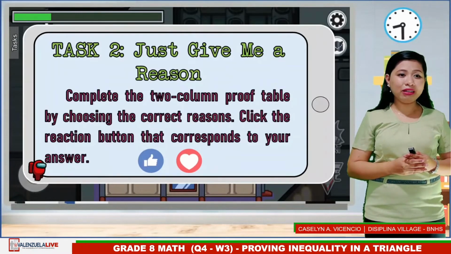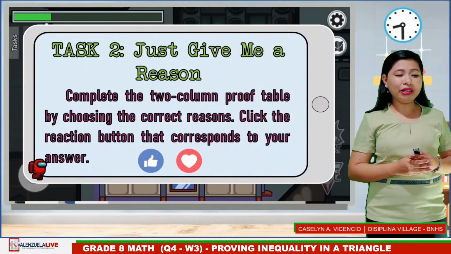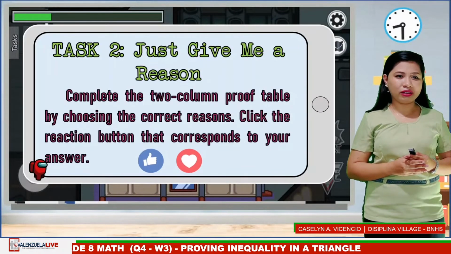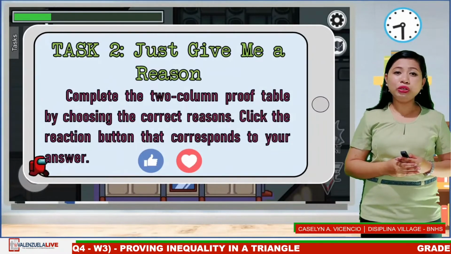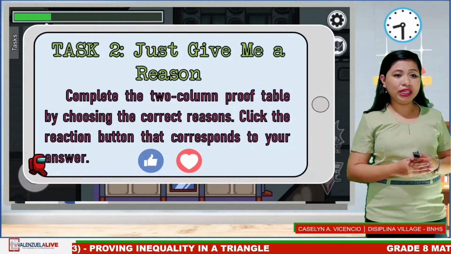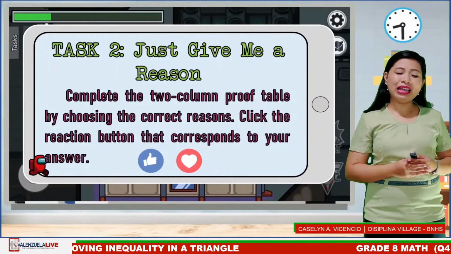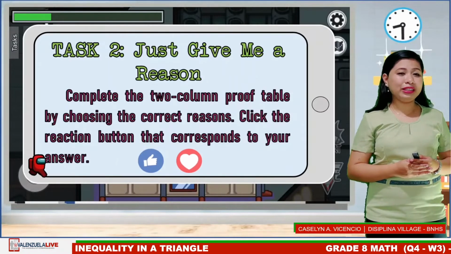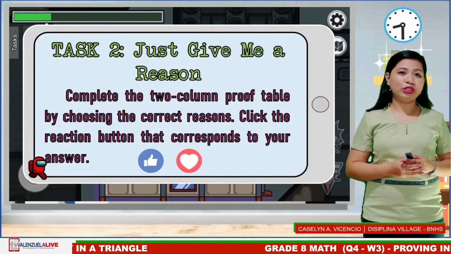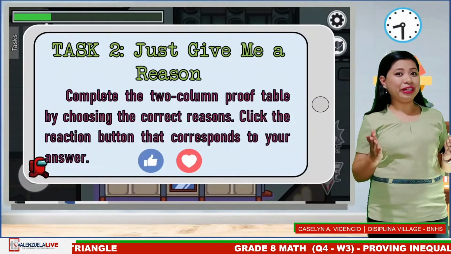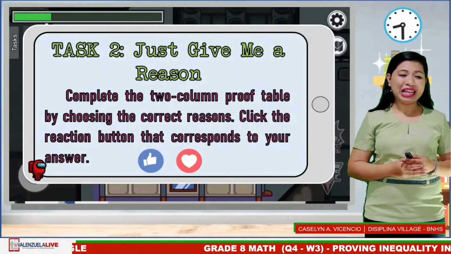We will click the reaction button that corresponds to our answer. We are given 10 seconds to key in our answer in the comment section. Each time we complete the table, we can refill the fuel tank of our ship. Are you ready? Let's begin.